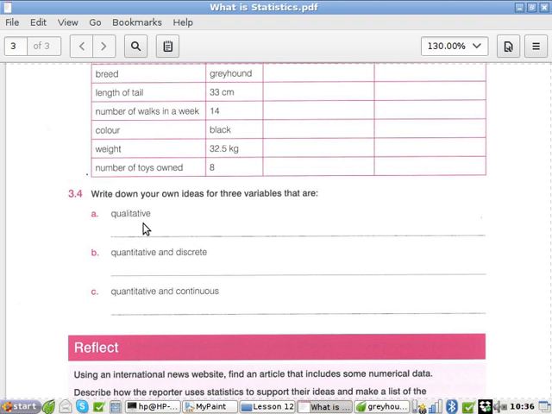Favorite thing. Ordinal or nominal? Nominal again. Nominal again. Nominal again. Starry? Kind of dog? Nominal. What was your one? Type of ice cream? Nominal.